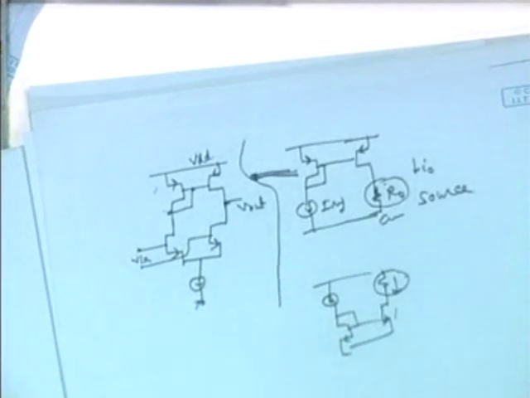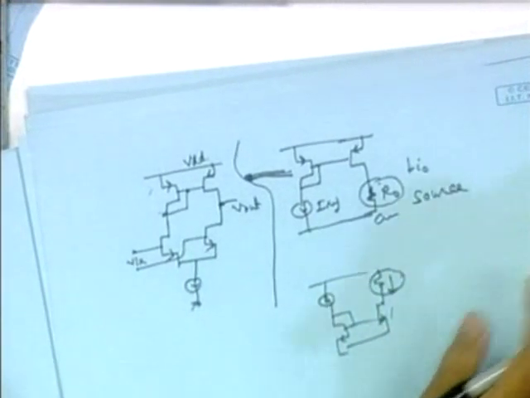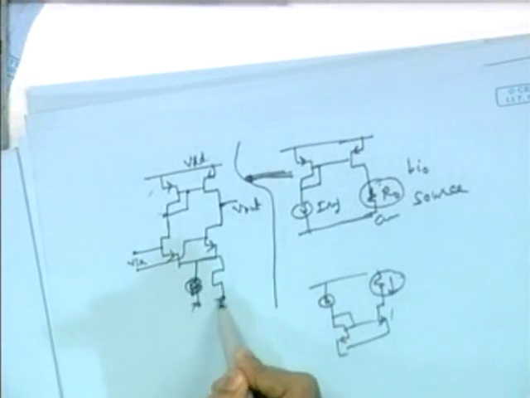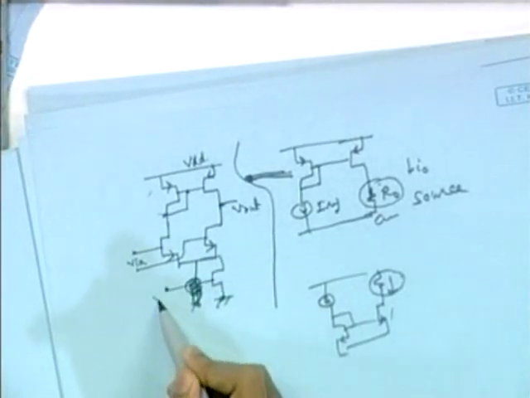The explanation of this circuit is a little bit tricky because, let me put a constant current source here, a real source, not an ideal one.